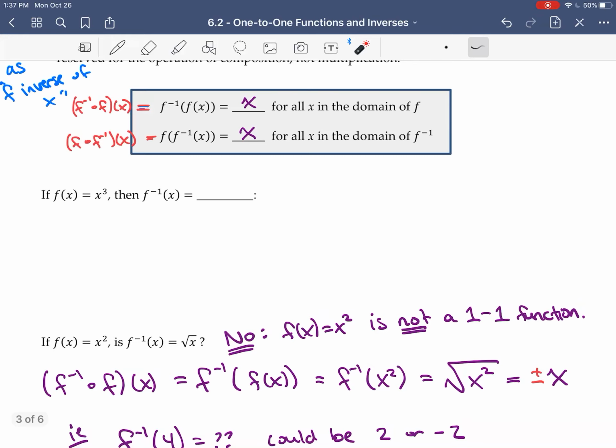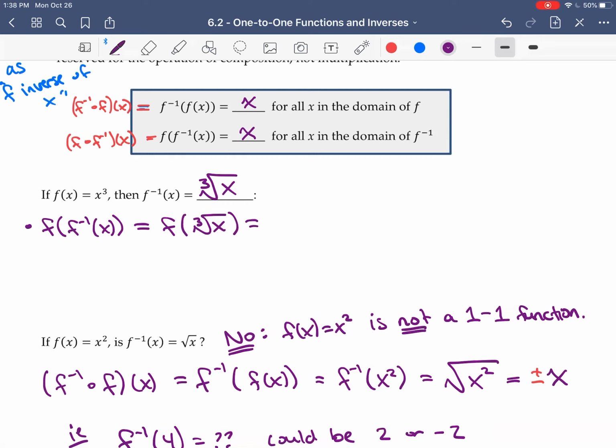So if we have the function f of x equals x cubed, then the inverse is going to do the opposite. f of x cubes the input, so the inverse should do the cube root. So f of f inverse of x is going to be f of the cube root of x, which is the cube root of x cubed, which is just x.